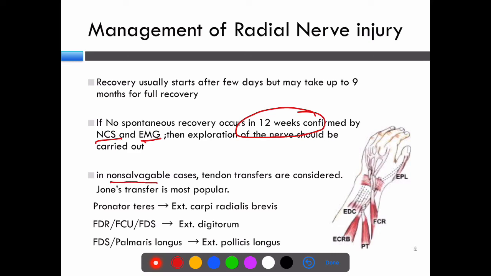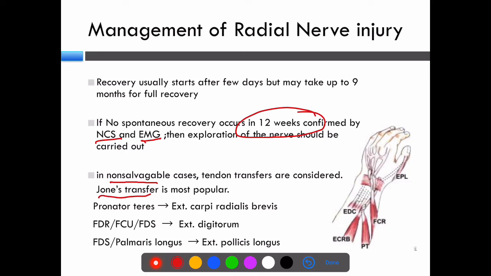In non-salvageable cases, when the nerve cannot be repaired, we do Jones transfer. These are mostly done by plastic surgeons, but you have to know the principle. Here the main principle is that we have to use the median and ulnar nerve to produce the functions created by the radial nerve.